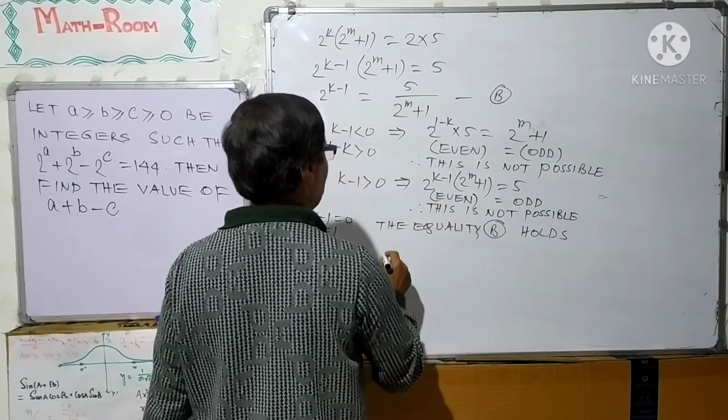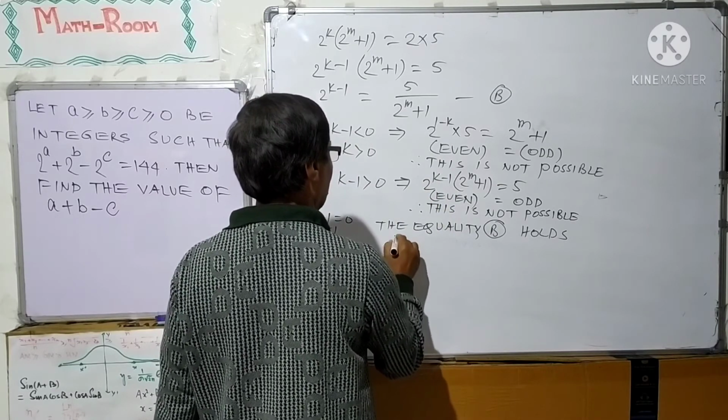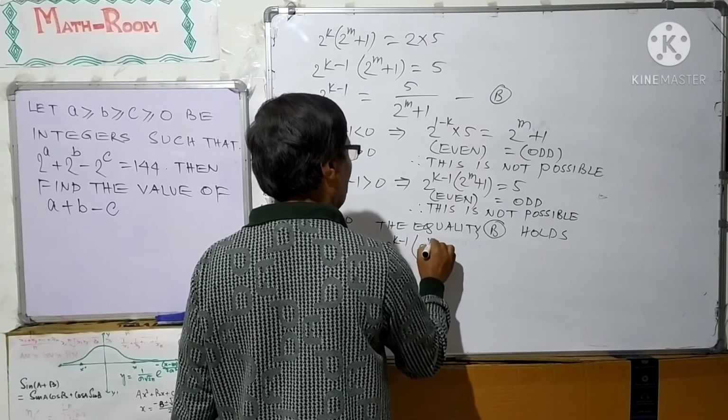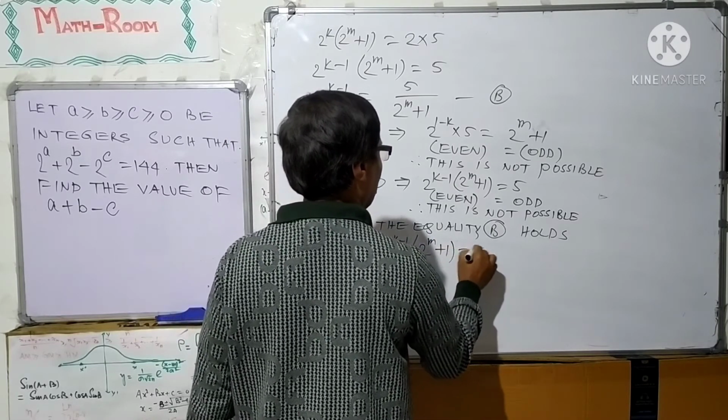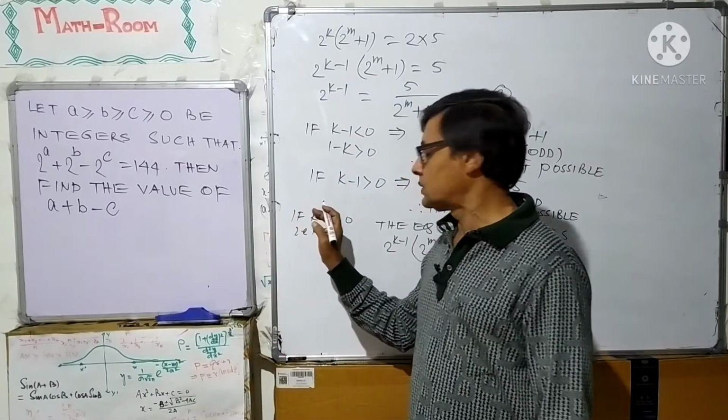So, we can write 2 to the power k minus 1 times (2 to the power m plus 1) equal to 5, with k minus 1 equal to 0.